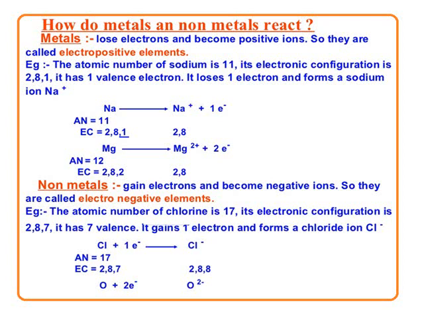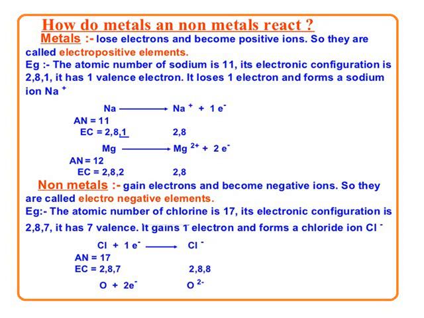Similarly, the electronic configuration of chlorine, which is a nonmetal, is 2, 8, 7. We find that it is easier for chlorine to gain 1 electron in the last shell rather than losing 7 electrons. So it has a tendency to gain electrons to have a completely filled shell.